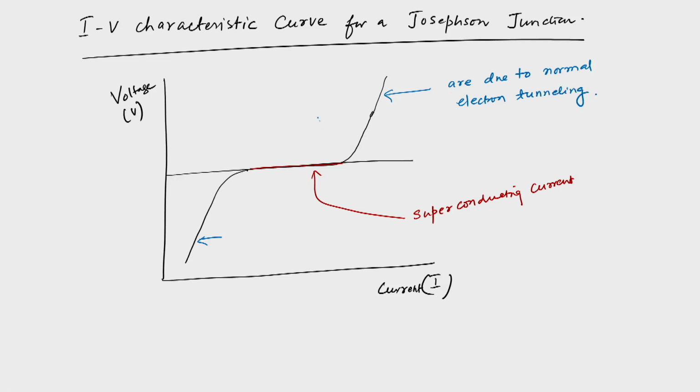And this point is called the critical current. So, basically when the voltage starts developing or the junction starts developing resistance is what defines the critical current.